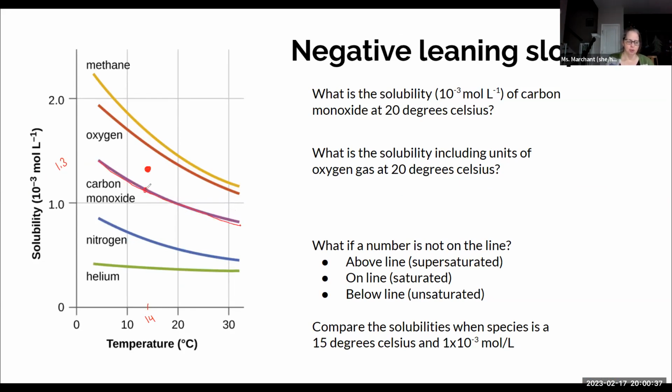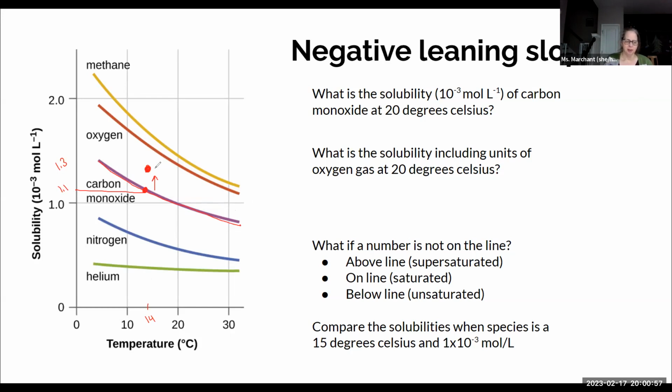So we have too much solute for that temperature because we're up here and their solubility is down here, more like 1.1. We have too much solute to dissolve. So if it's above the line, it's supersaturated.